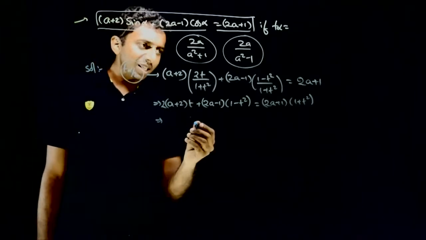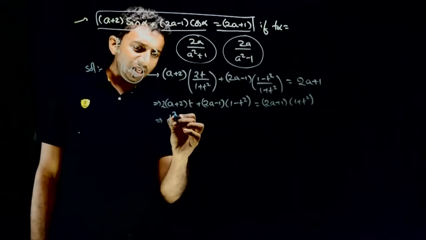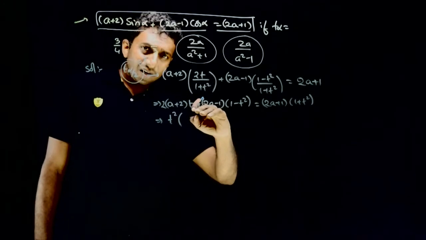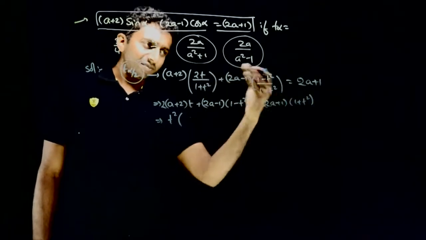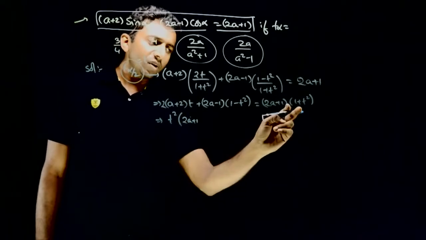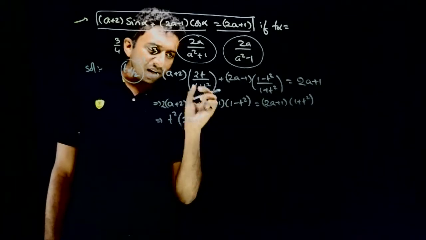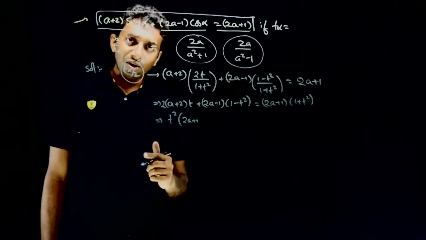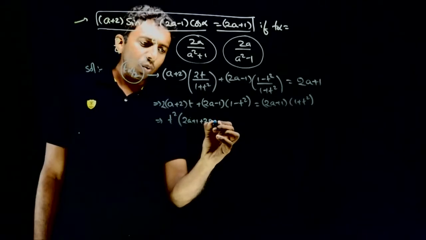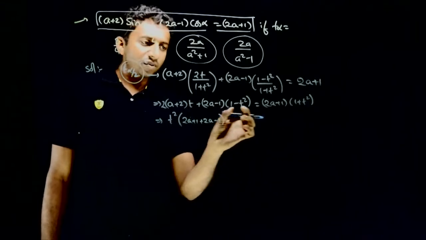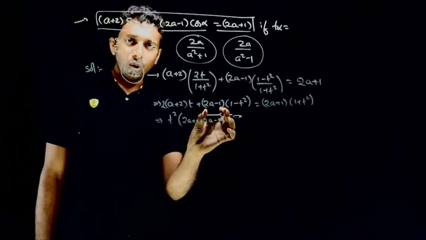So I'll send all the terms onto that side. With t² here we have 2a+1, and with t² there we have 2a+1. That side, minus of (2a−1) goes to this side as plus (2a−1), plus (2a−1).